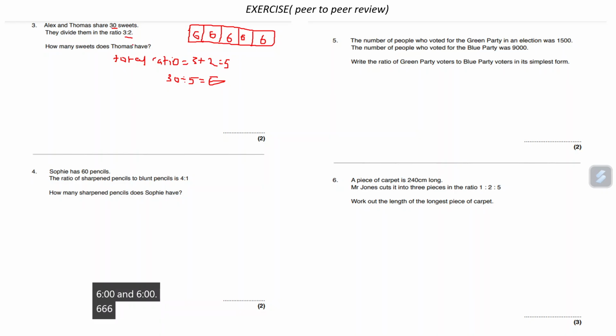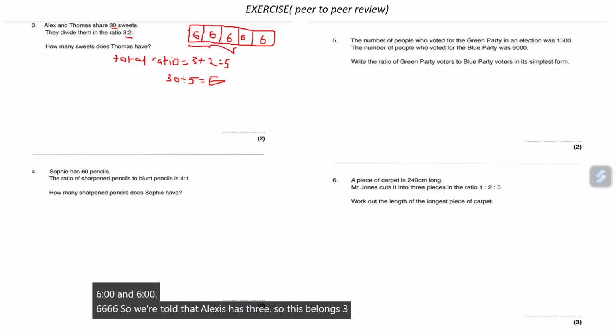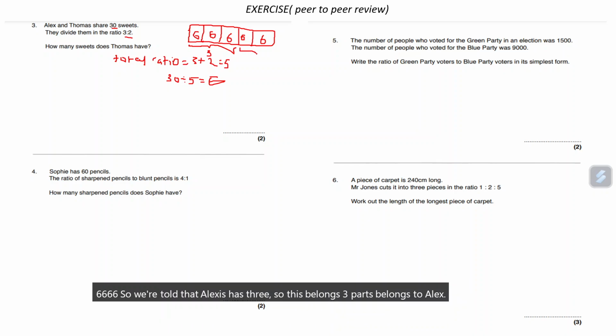So we're told that Alex has 3 parts, so 3 parts belong to Alex. Then Thomas takes 2 parts of it.